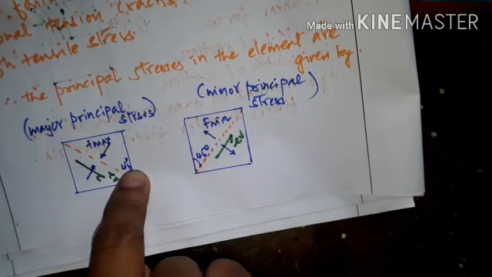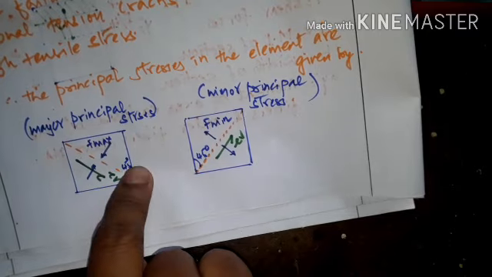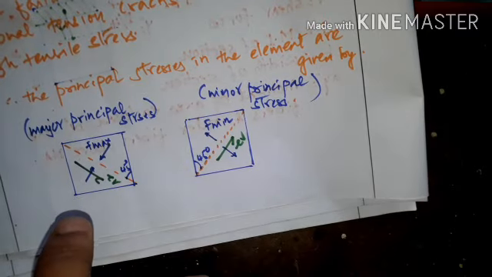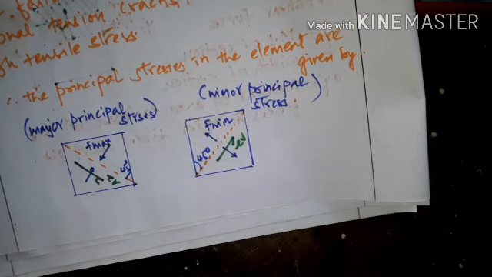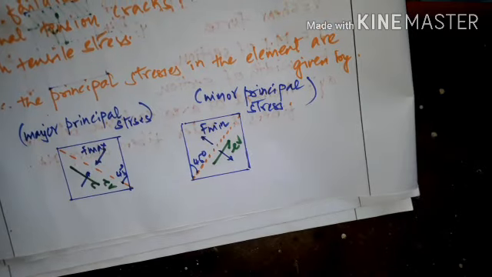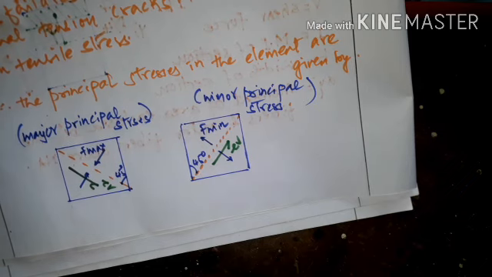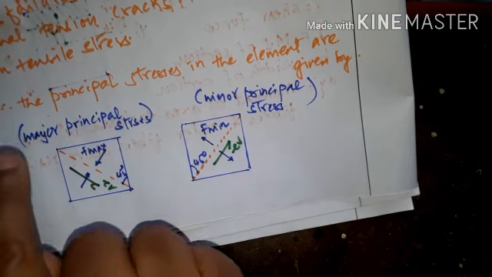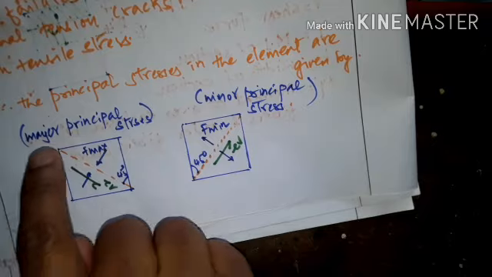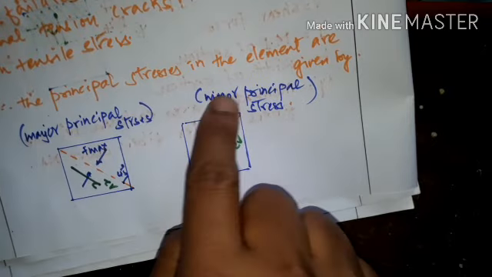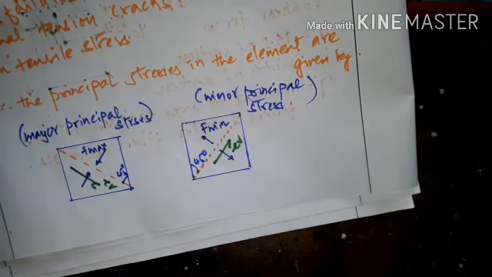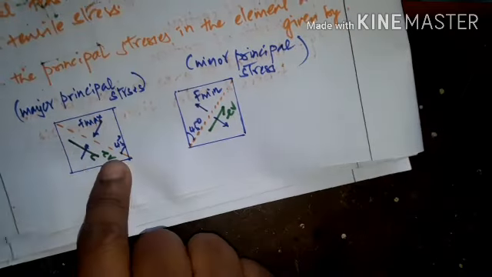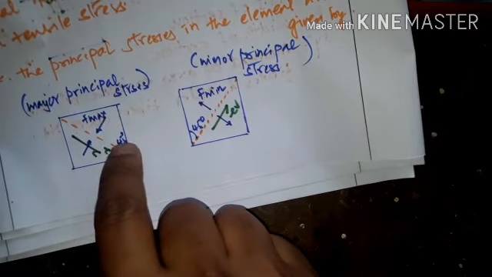I can show you here, at an angle of 45 degrees it will develop the maximum and minimum, or the major principal stresses and minor principal stresses. Understood?